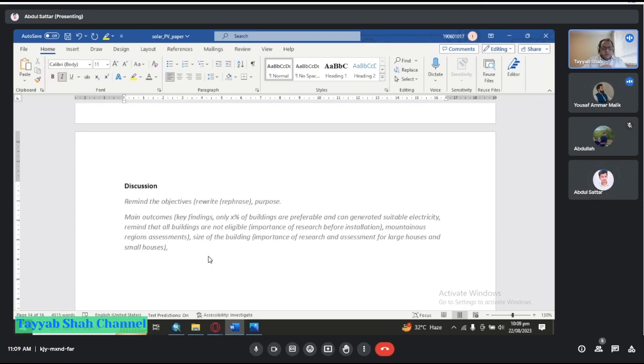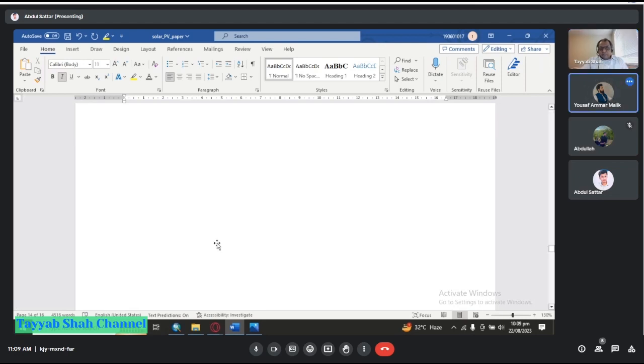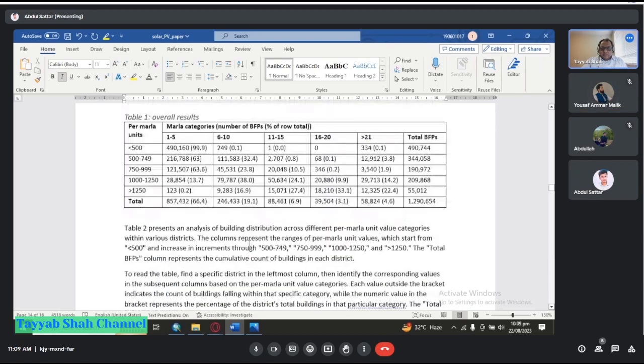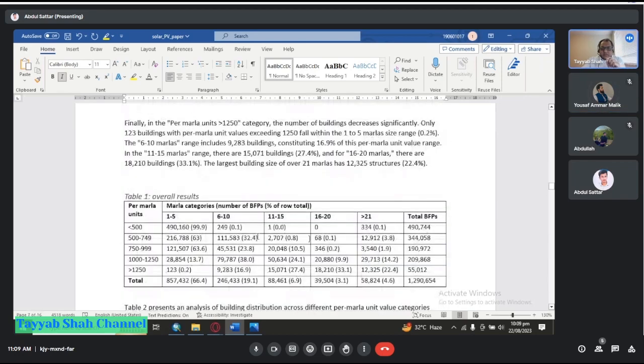So if the small building footprints are more frequent, let's go back to the same table again and see the size of the buildings. 0.85 million buildings are under the 5 Marla area, out of roughly 1.3 million.